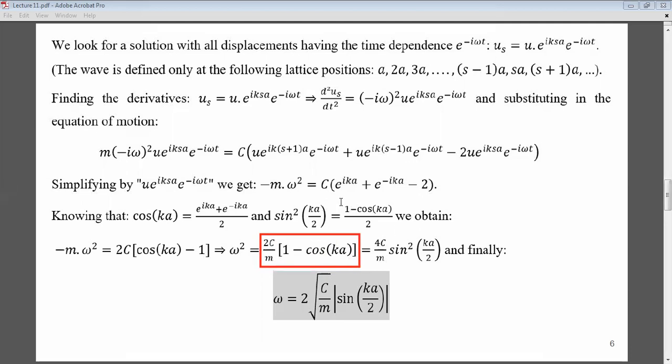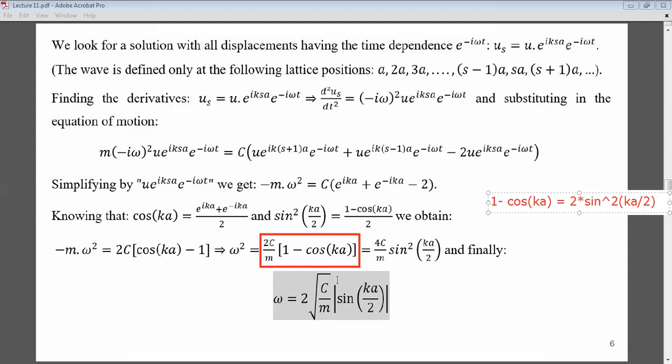I have that 1 minus cosine ka is equal to 2 times sine square of ka over 2, right? So instead of 1 minus cosine ka, I will put 2 sine square ka over 2, but there is already here 2C over m. So now I have 4C over m sine square ka over 2.